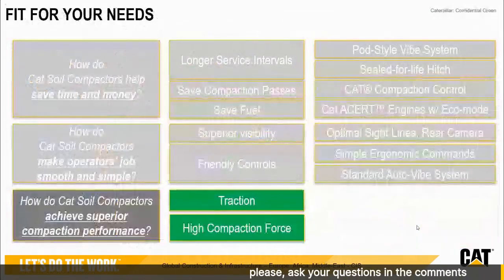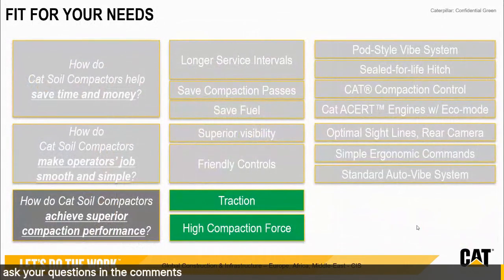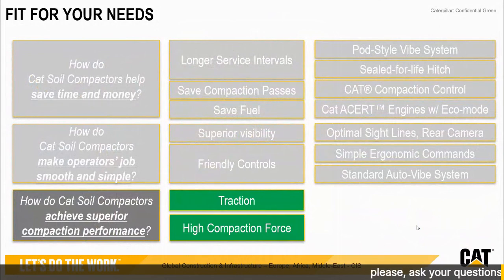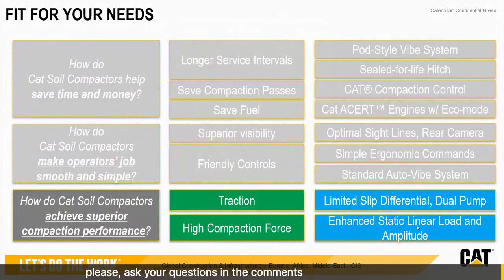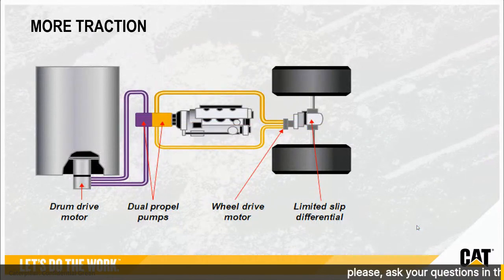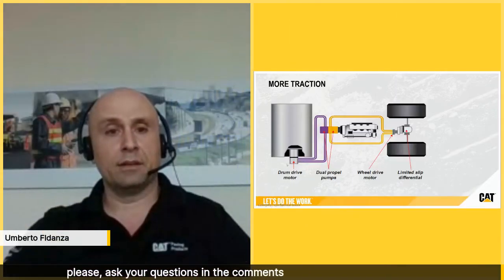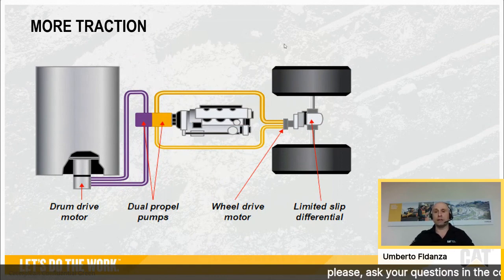The third field we are going to shortly talk about is superior compaction performance through traction and high compaction force. So we have a few features: limited slip differential, dual pump. Let's talk about these. On all the B series Caterpillar soil compactors, we have two pumps, one providing propel to the drum drive motor to the front, and the other one providing propel to the rear tires.